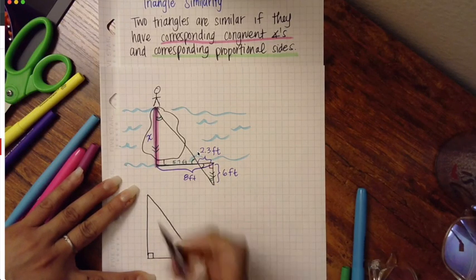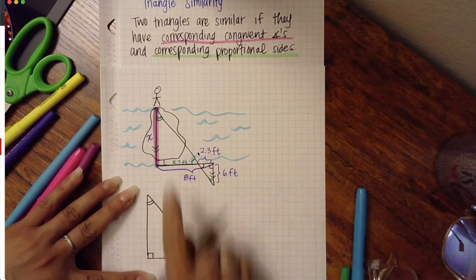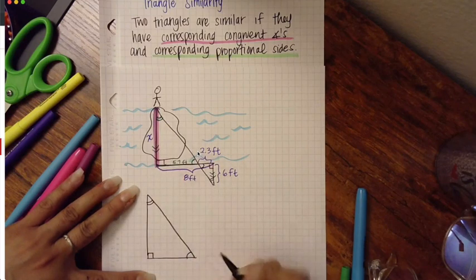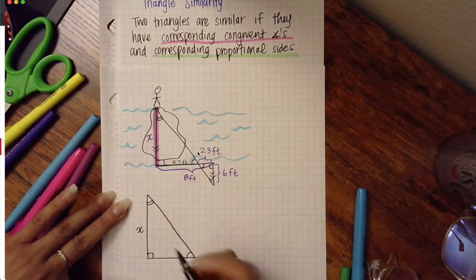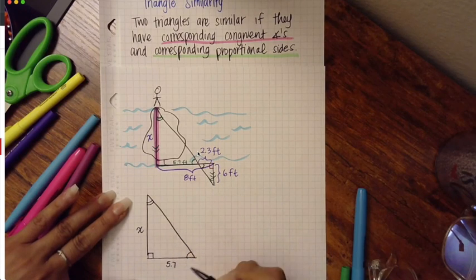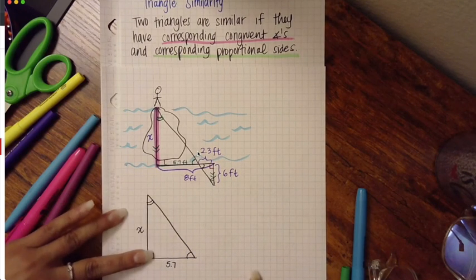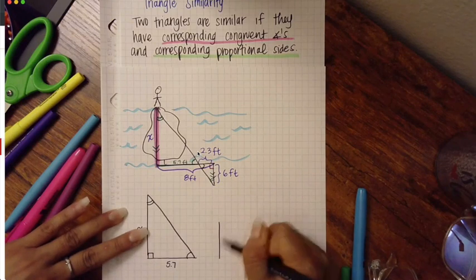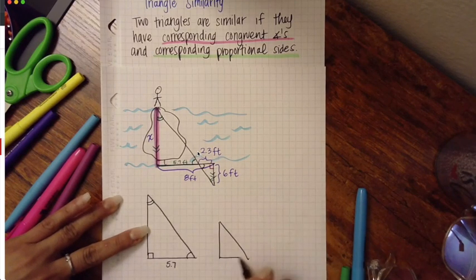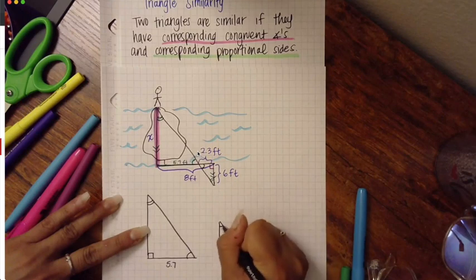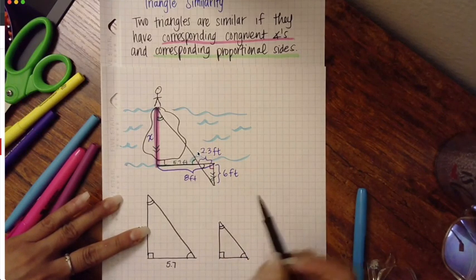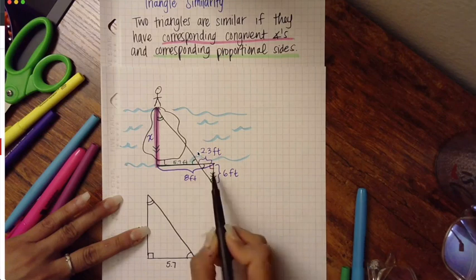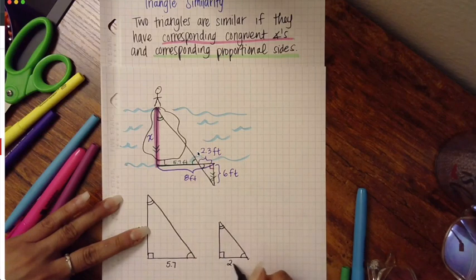Okay, so I have that. I have the double congruency marking here and the single congruency marking here. This is what I want. I don't know what that is. I do know that this is 5.7. And then I'm going to draw the little one in corresponding position as well. So that means that the double marking here has to be on the top and the single marking is here. So remember that this side length here from the right angle to the single is 2.3 feet. And I'll put feet here too.